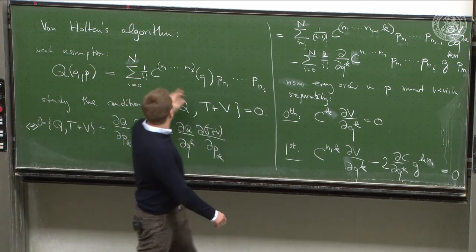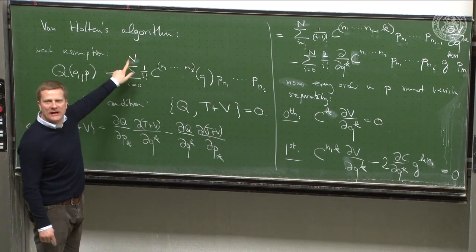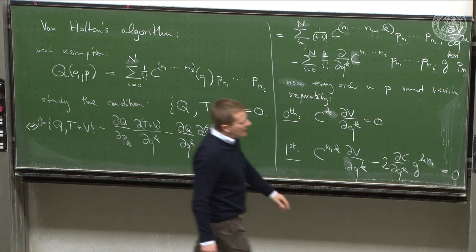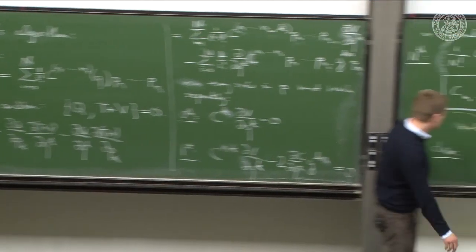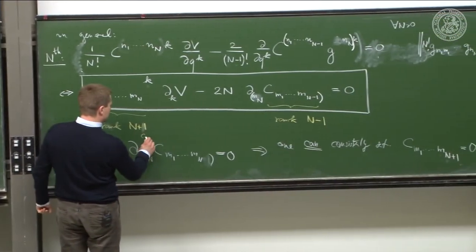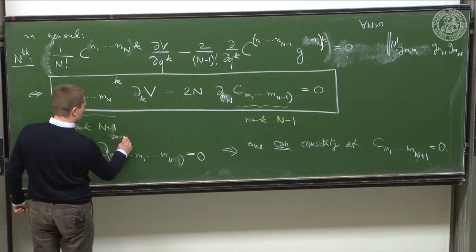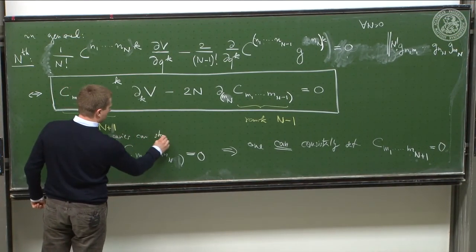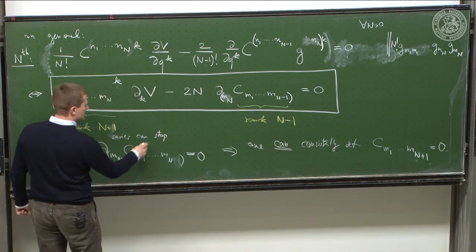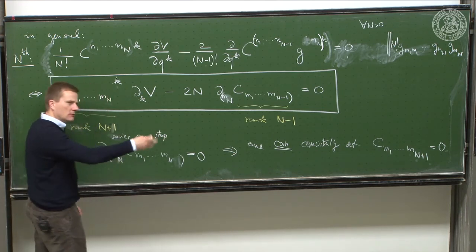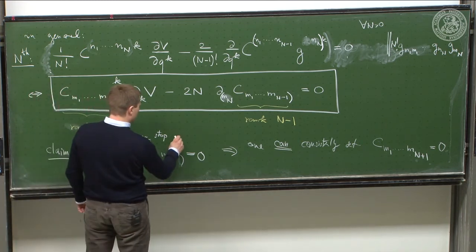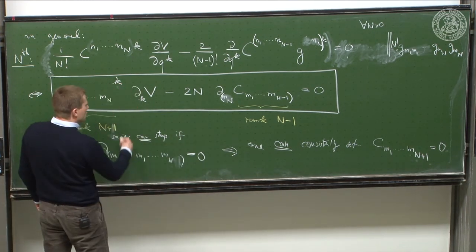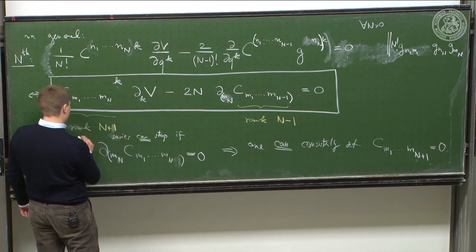What I need, or where do I stop? So the question is, where do I stop the series? And the answer is, that is the condition. So the claim is, series can stop. And I need to show you that that's true. Series can stop. You can go on, but you don't need to. That's the point.